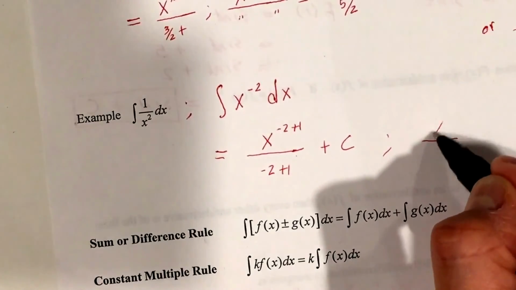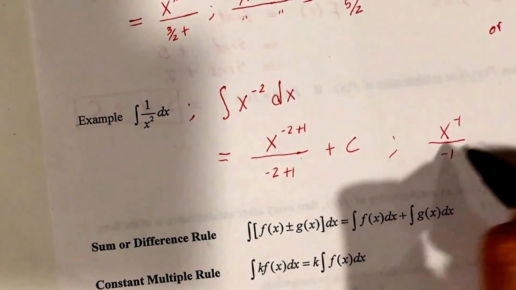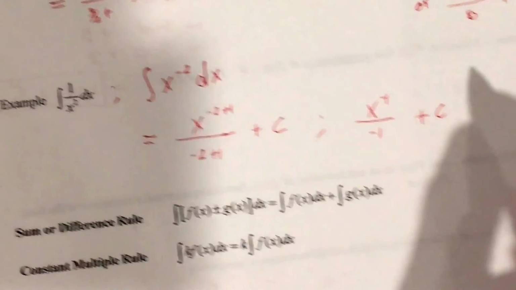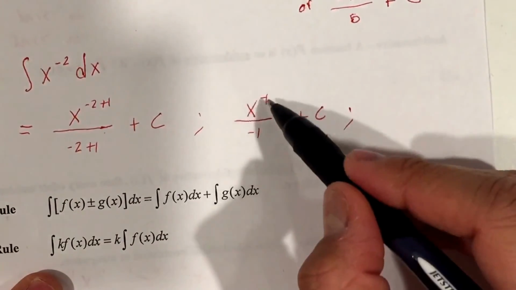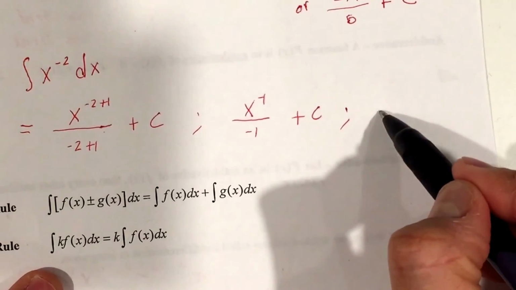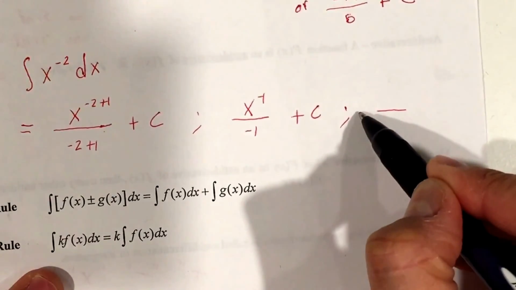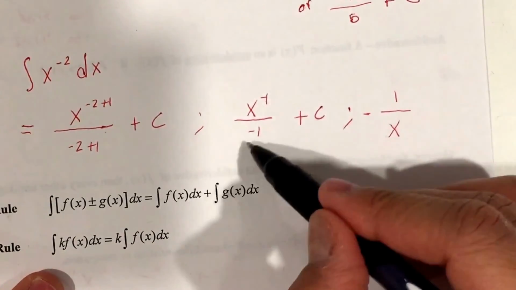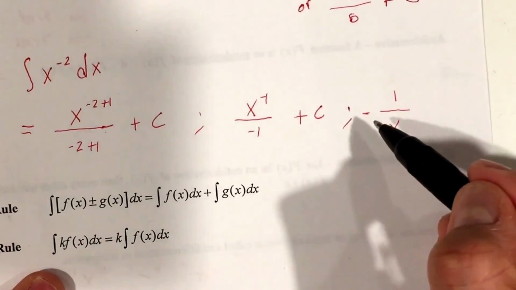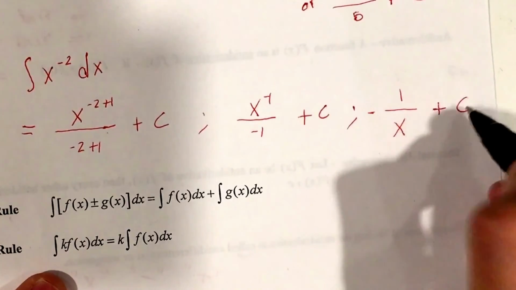This becomes x to the -1 over -1 plus c. And then the negative exponent can be simplified to 1 over x. The -1 is now there, and then I just follow that with plus c.